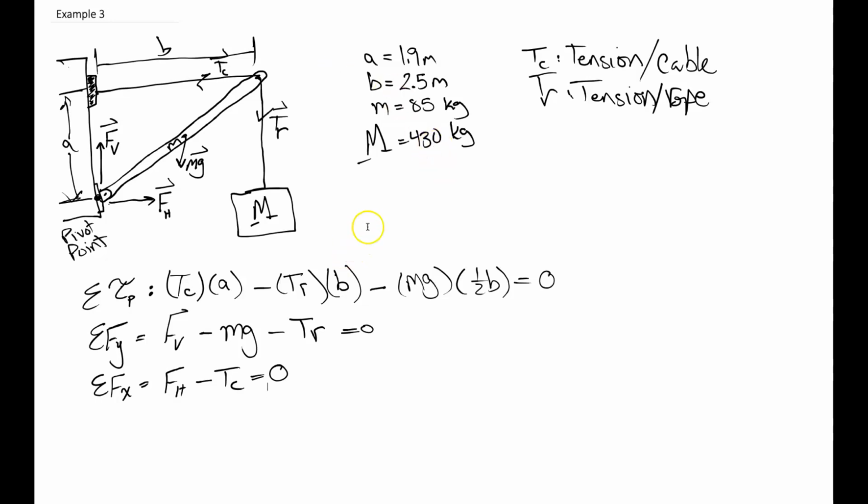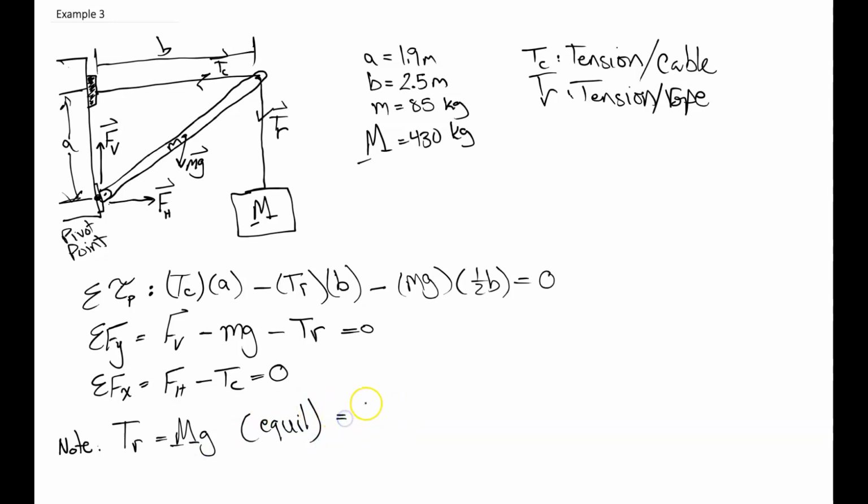So we have some unknowns now that we need to take care of. And note, since the system is in equilibrium, that means there's no movement, then the tension in the rope has to equal the big mass. So T sub R has to equal big M G because of the equilibrium conditions.